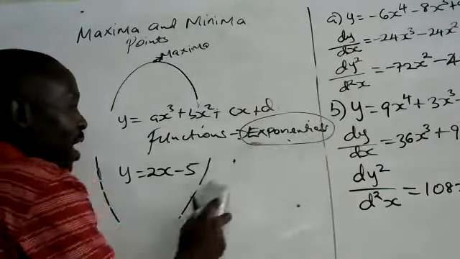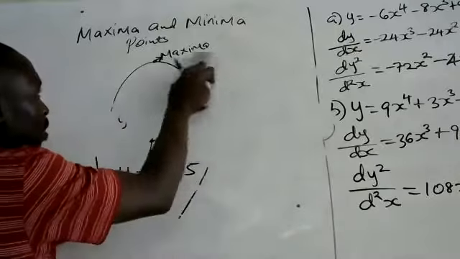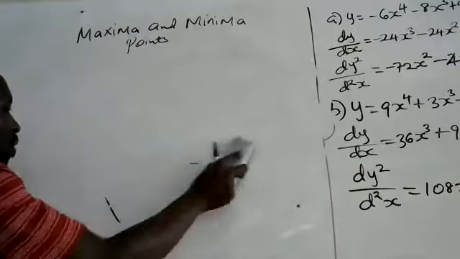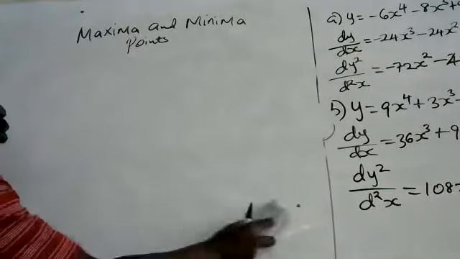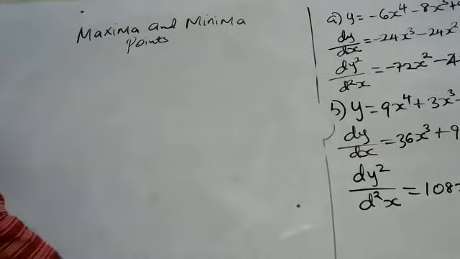This is just for your understanding, so that when we say that the gradient is always equal to 0, you understand the concept.